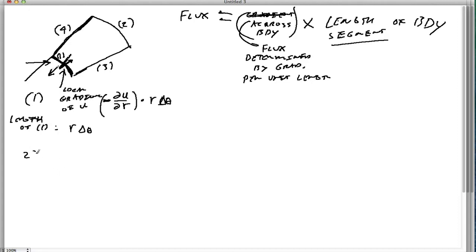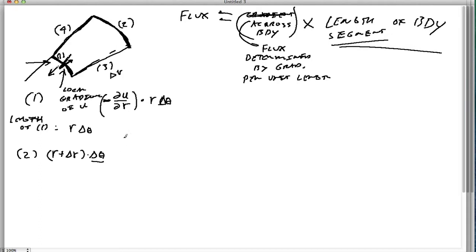So what about side 2? Well, it's going to be the same thing, but now it's going to be r plus delta r times theta. That's our length segment of the boundary. Again, when r gets bigger, for the same sweep of angle we're going to have a bigger line segment, simply because we've gone up in radius. So that's delta r on this side.